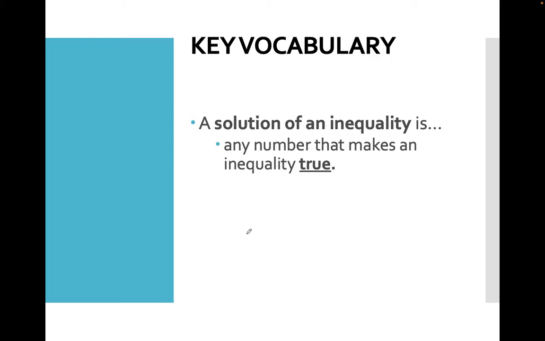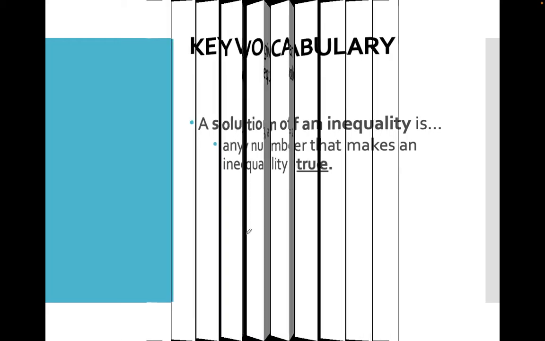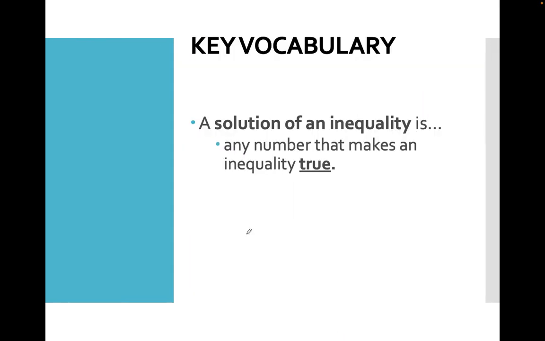A solution of an inequality is any number that makes the inequality true. If we look at an inequality, let's just take, for example, X is greater than 5. X is going to be representing all of the numbers that would make that inequality statement true. How many numbers could we replace X with to make that statement true? How many solutions are there?